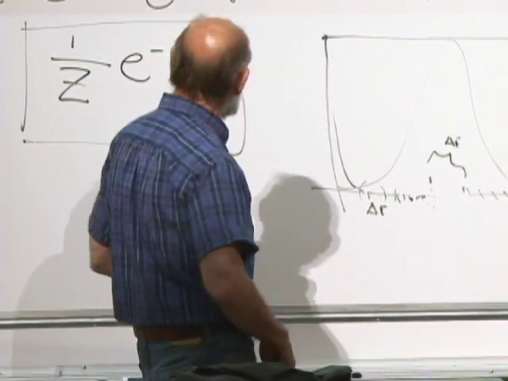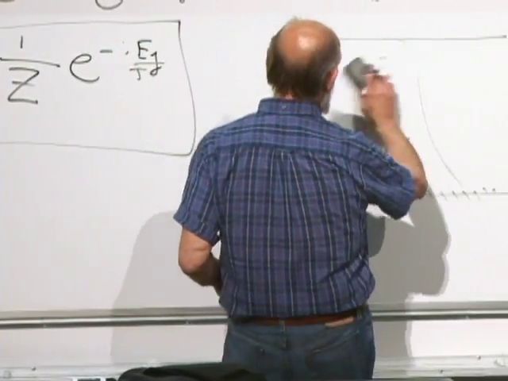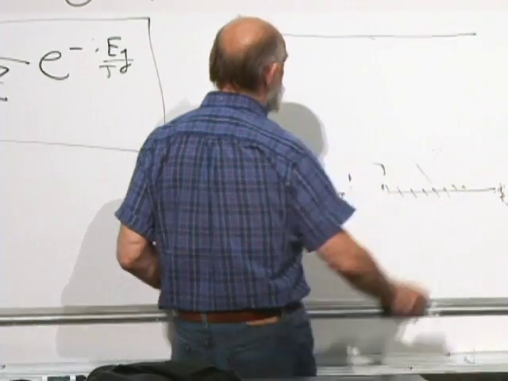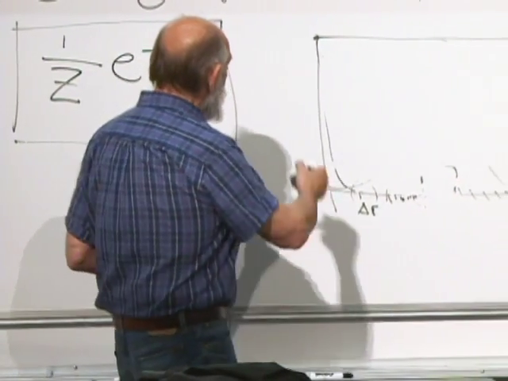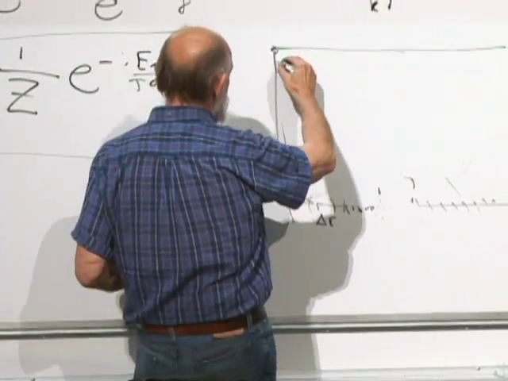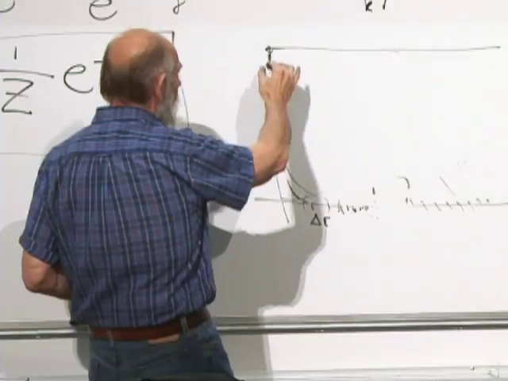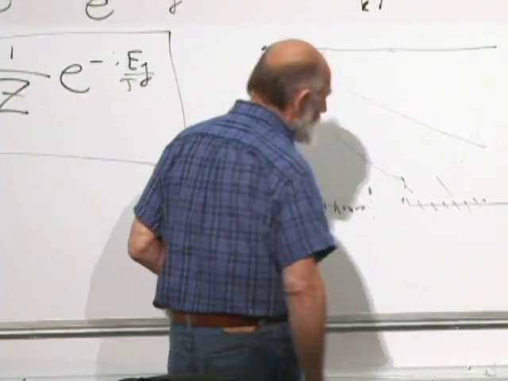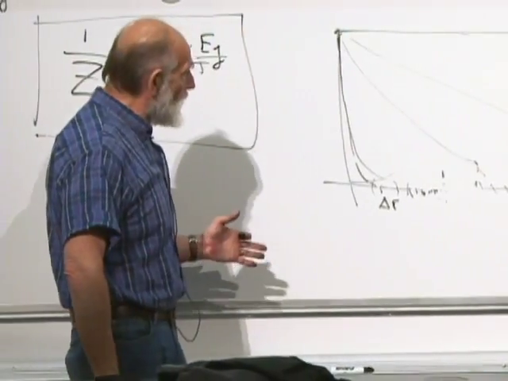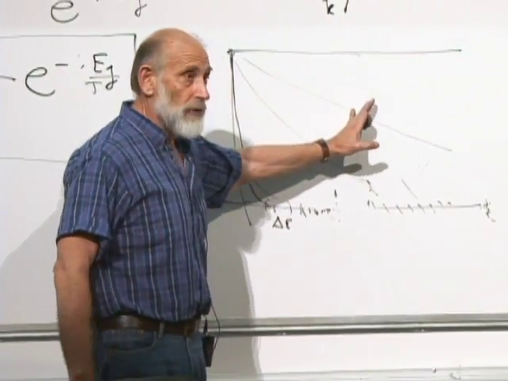But you can see from this, incidentally, why both the energy and the entropy increase monotonically with temperature. What happens as temperature increases? At low temperatures, the distribution looks like that. At higher temperatures, the distribution gets spread. It's completely obvious that the average energy grows.